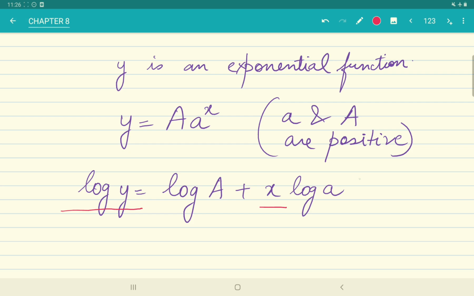What I'm trying to say here is that this is not a log linear relation. This is the case wherein log y is a linear function of x.